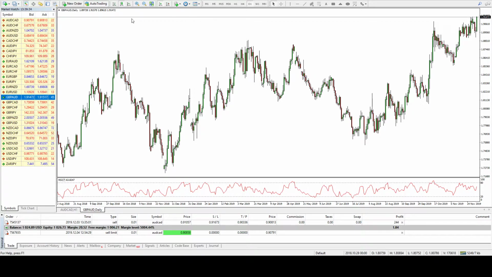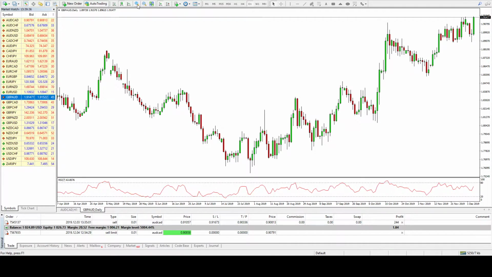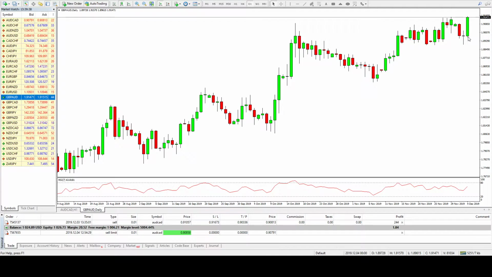I like that big bar, this bullish bar. It's a bullish move. However, anything can happen at this point because this is a recent resistance.